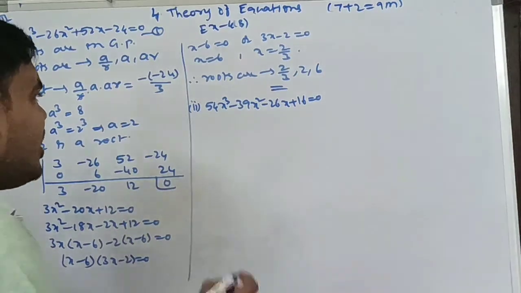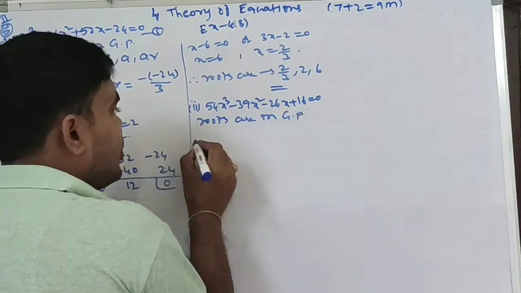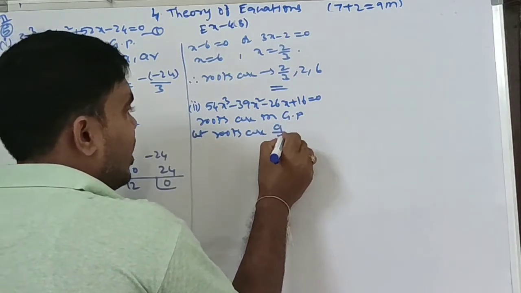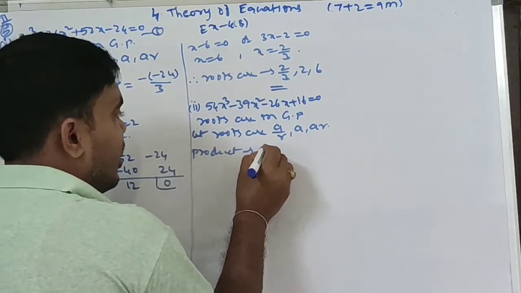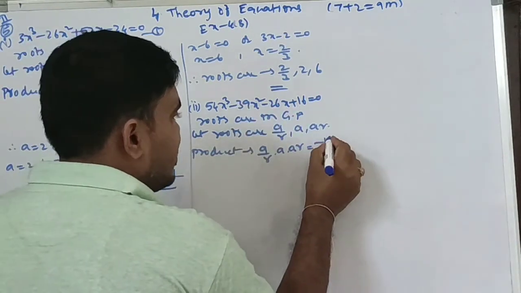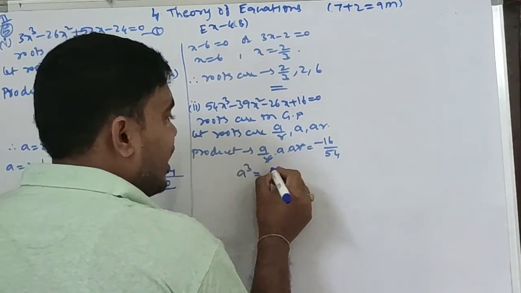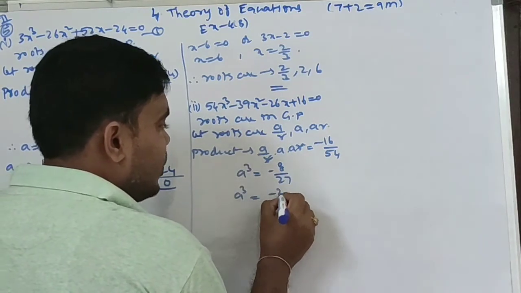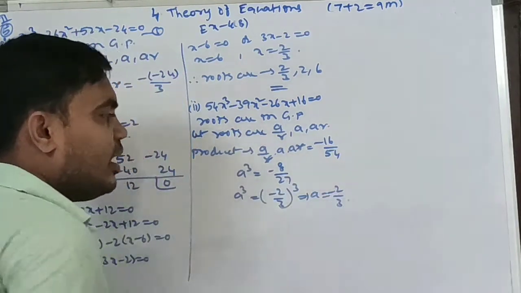The roots are in GP, so let the roots be a/r, a, ar. Product = a/r · a · ar = −(16/54) with signs minus, plus, minus. The r's cancel. a³ = 8/27 = (2/3)³, with sign, a³ = (−2/3)³. So a = −2/3. The value of a is −2/3.